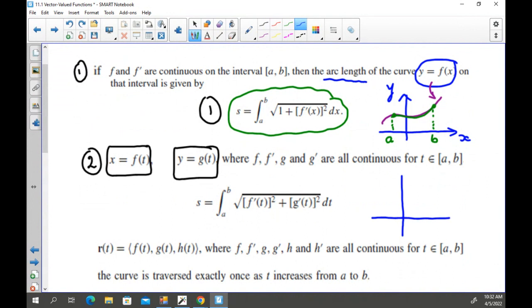I have a curve, and you want to find the length of the curve from t equal a to t equal b, then you need to use this formula this time. Okay?